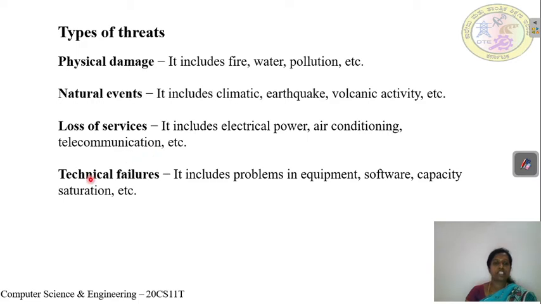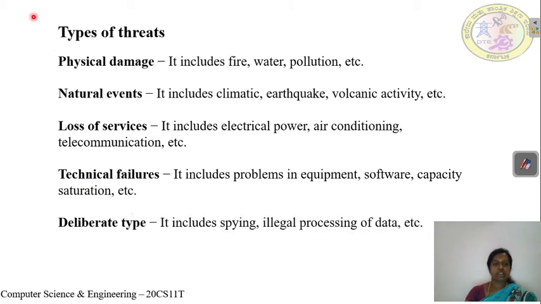Then some technical failures can also occur, such as problems in hardware components, problems in the software, and the capacity saturation. Next, deliberate type, which includes installing unnecessary software or programs without the user's awareness.